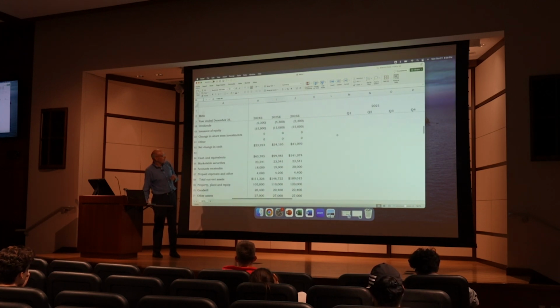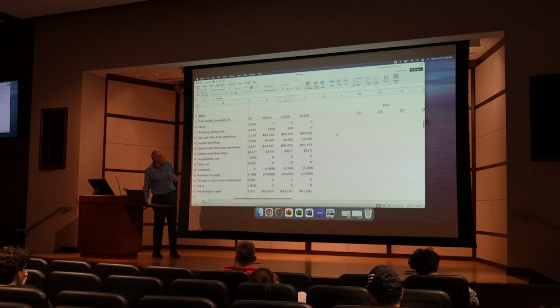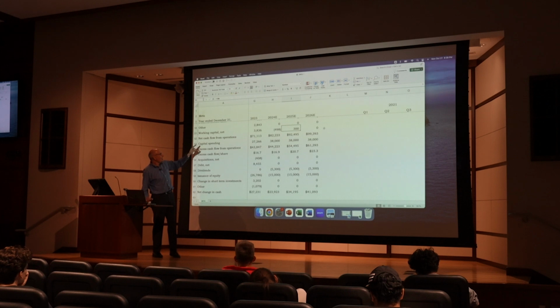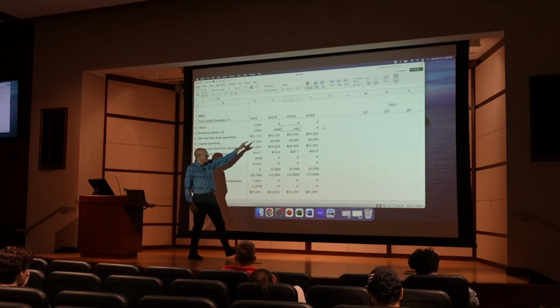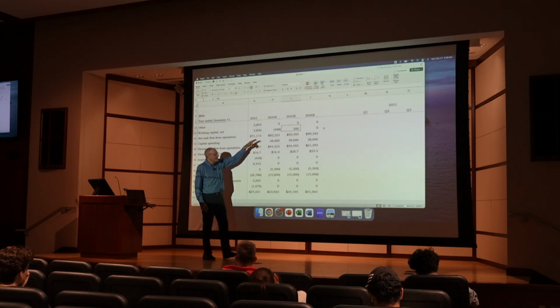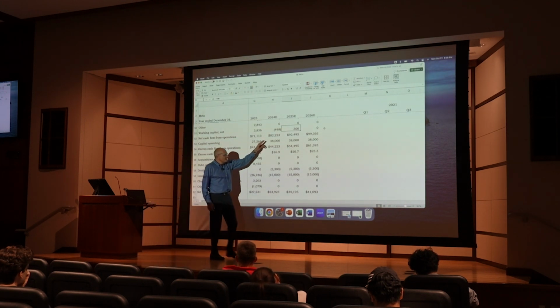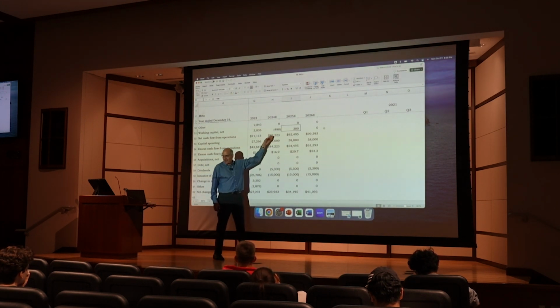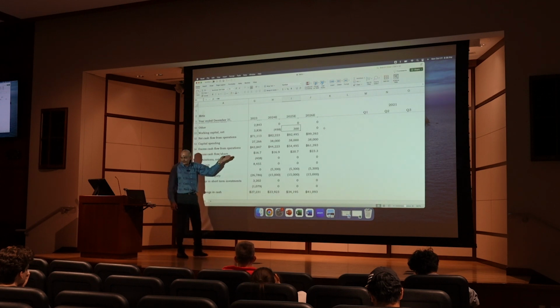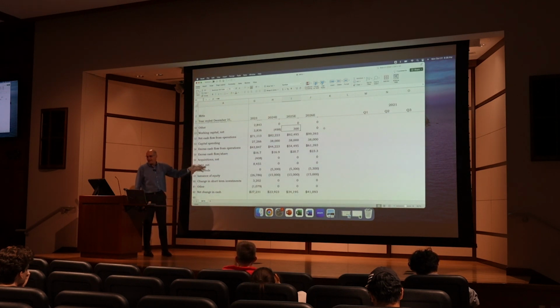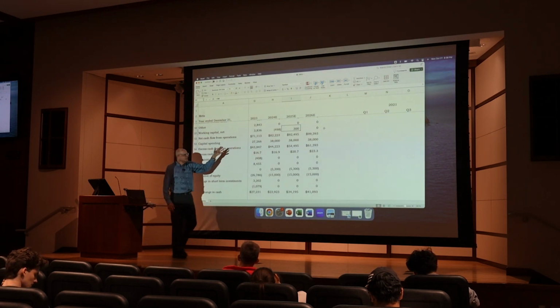Okay, this comes from our balance sheet forecast, okay? And I basically don't have it doing too much, okay? This is how the balance sheet and the cash flow statement are integrated, right? Our balance sheet forecast feeds our funds flow forecast. And this is how the two are integrated, okay?